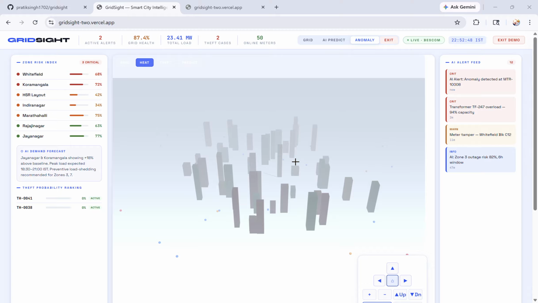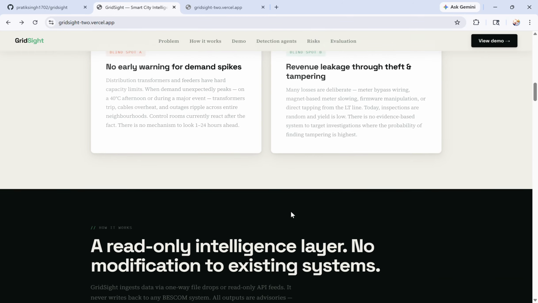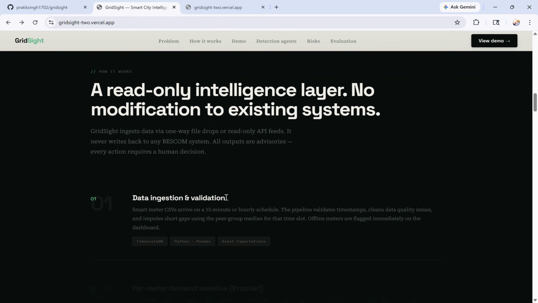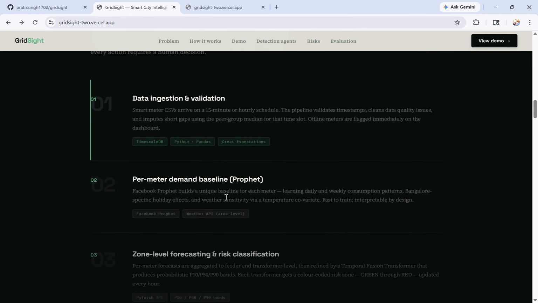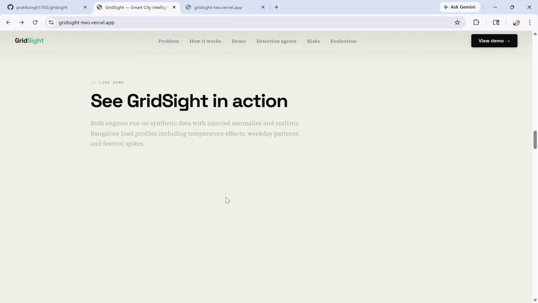to identify theft detection, which was the major problem that we have already discussed, and issues like no early warning for demand spikes. We can see how the AI layer would work: it will have data ingestion, validation, per-meter baseline, zone scaling, everything.